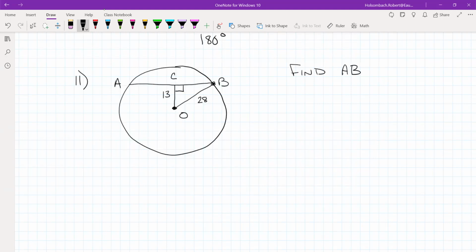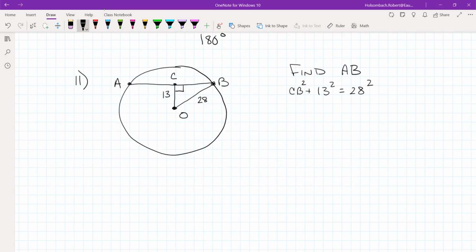All right, we're looking for A to B. Well, C to B is going to be 1/2 of A to B. Because when a radius intersects a chord at 90 degrees, it bisects the chord and the intercepted arc. So CB squared plus 13 squared equals 28 squared.